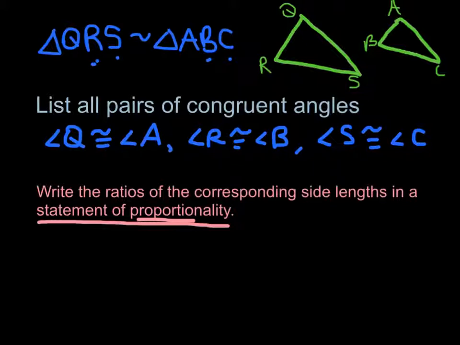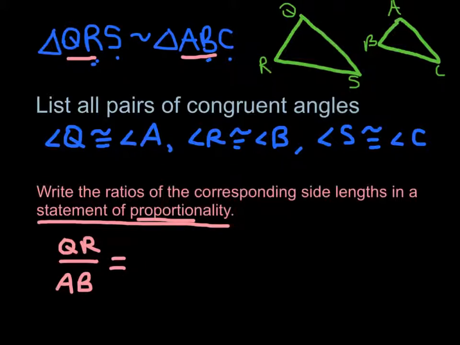Again, we can look at the picture, or even more helpful will be our statement up on top here, our similarity statement. So QR, I'm going to write first, is to what? So you can look at the picture, or you can look over here, QR is to AB. I could put this upside down as long as I put all of them upside down, and just so we're consistent in what we do.